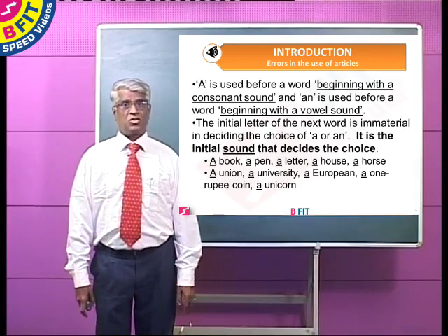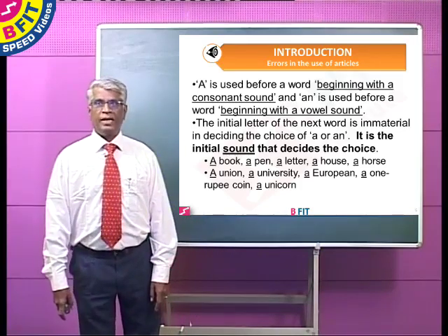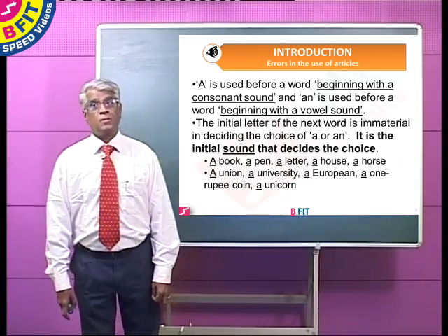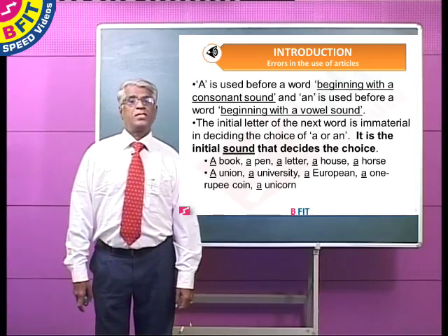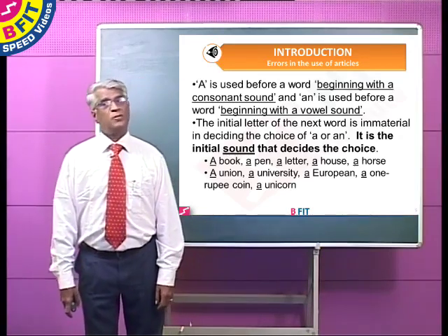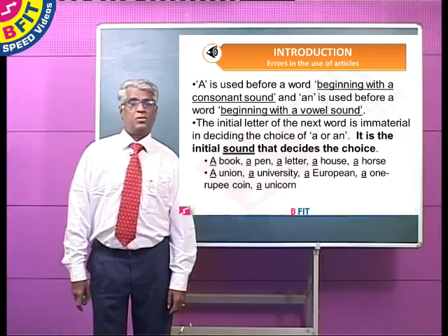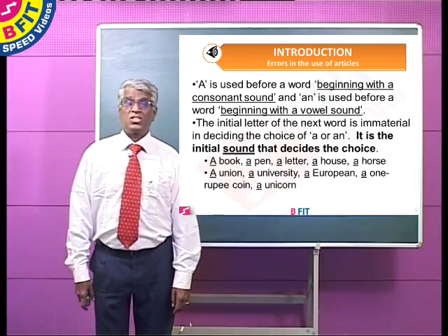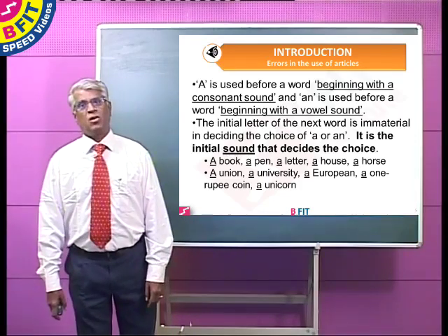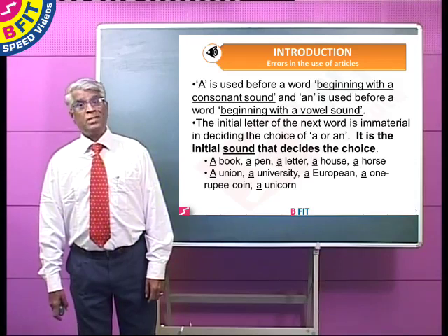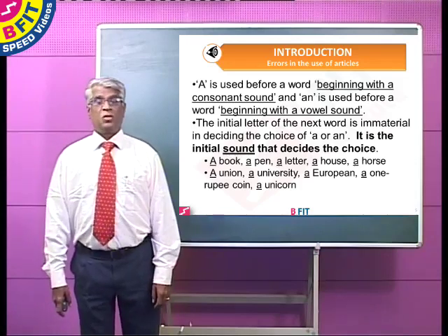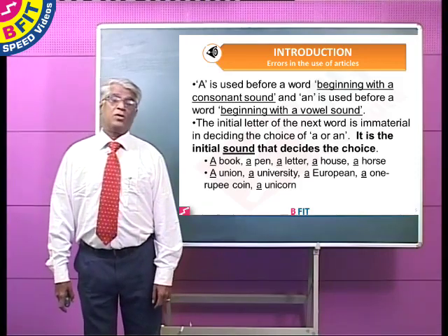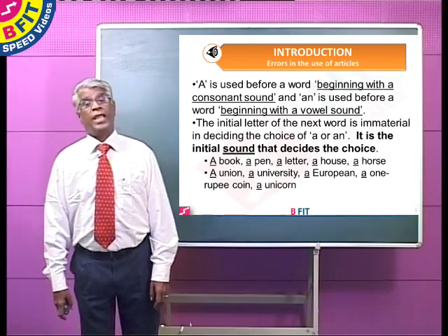How is it pronounced? A book, a pen, a letter, a house, a horse. The first sound in the first word is B, a consonant sound, therefore a. Pen, consonant sound. House starts with a consonant sound. Horse starts with again a consonant sound, therefore a. But remember, there are other words which also start with the letter H, but they don't have a consonant sound.